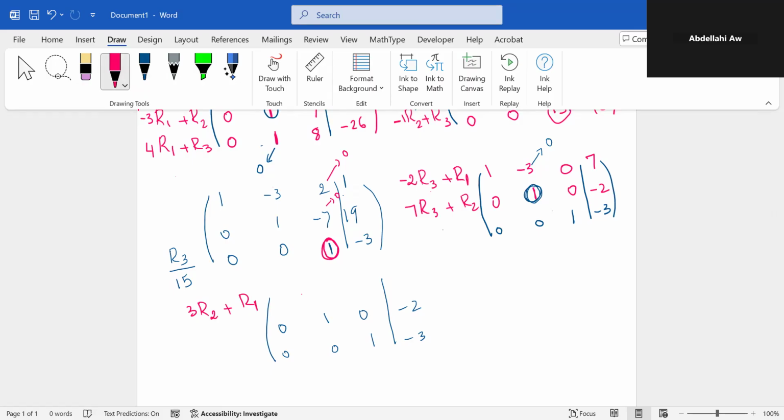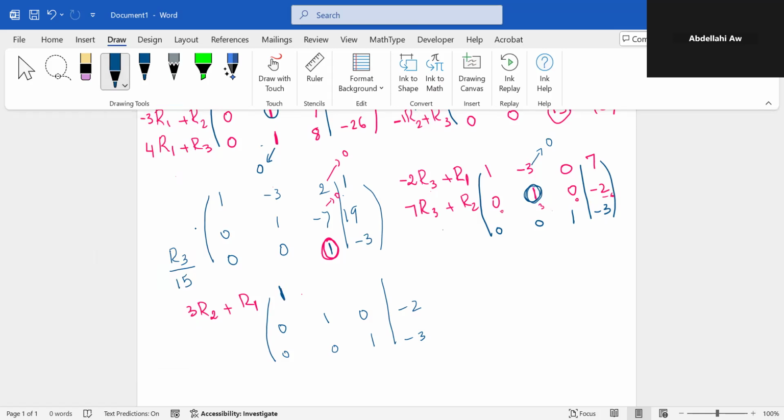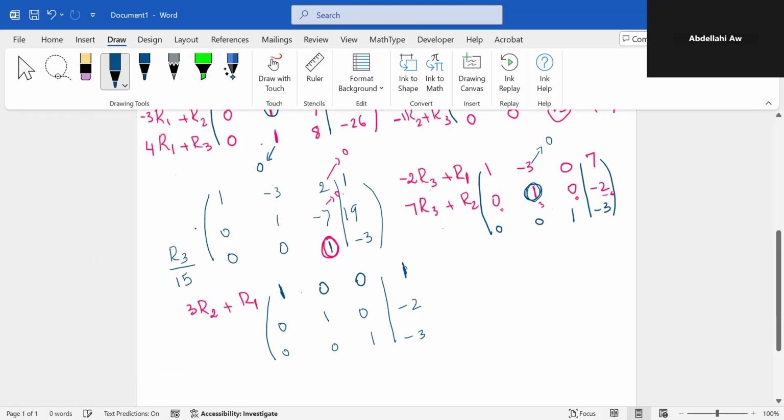Everybody here is multiplied by 3: 0, 3, 0, -6, and then I add it to the first row. 1 plus 0 is 1. -3 plus 3 is 0. 0 plus 0 is 0, right? And finally, 7 plus -6 is 1.